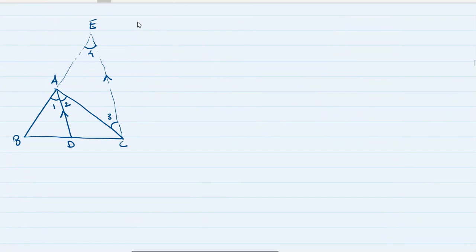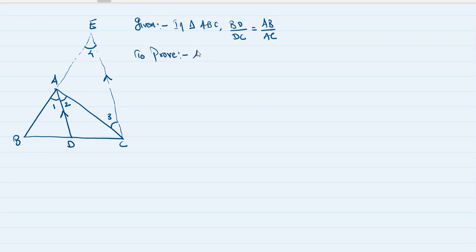Let me write given. Given is in triangle ABC, BD upon DC is equal to AB upon AC. To prove: AD bisects angle A, that is angle 1 is equal to angle 2. Okay, construction: draw the same construction like we did earlier.